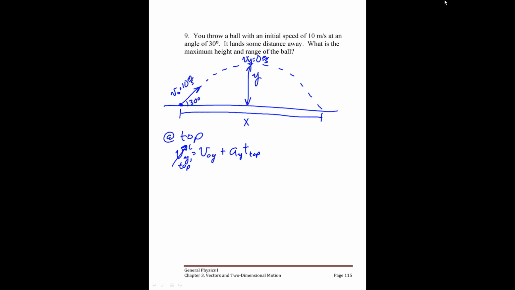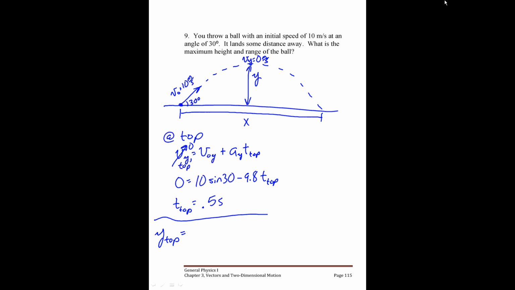All right, that means this goes to 0. And I have 0 equals 10 sine of 30 minus 9.8 t top. Solving for t top, the time at the top of the trajectory, I get 0.5 seconds. Then I can also find what is the y position at that time.